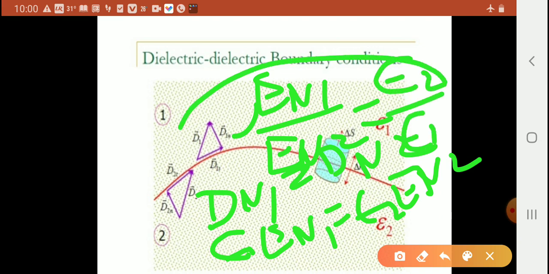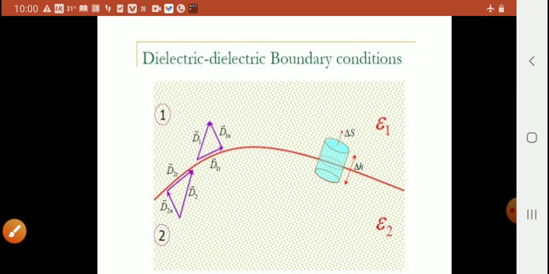This is the final value for dielectric cases.